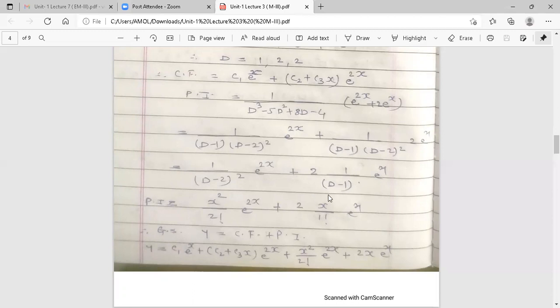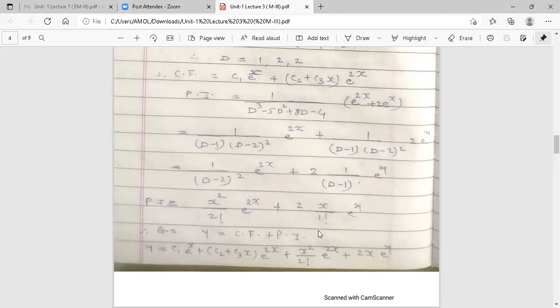And here, if we replace D by 1, because the coefficient of the exponential function is 1, then it is a case of failure. Then multiply the numerator by x and differentiate the denominator: the derivative of D − 1 is 1, and for the other factor it is 0, so the derivative of the denominator is 1.